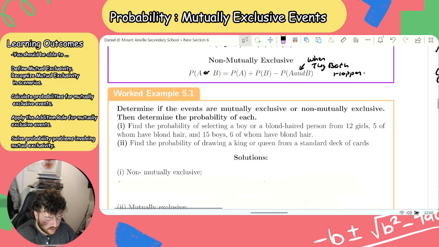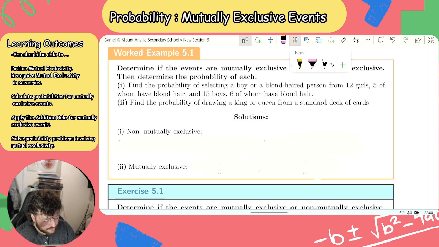But again, no point me talking. Let's do some examples. Determine if the events are mutually exclusive or non-mutually exclusive. Then determine the probability of each. So we want to find the probability of selecting a boy or a blonde person from 12 girls, 5 who have blonde hair, and 15 boys, 6 who have blonde hair.